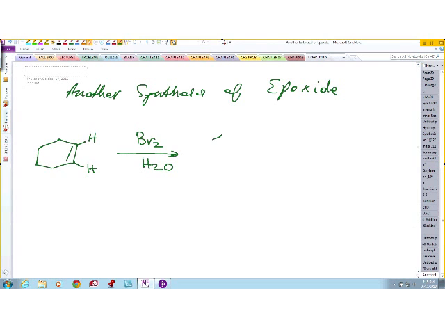So in this case, we are going to add bromine and hydroxide across the carbon-carbon double bond. This is what we call a halohydrin, in this case a bromohydrin.